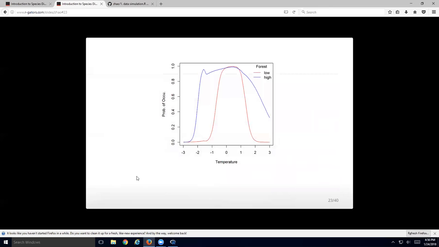Eventually we have these lines that tell us that there might be a quadratic form between the occupancy and temperature. And that quadratic form can be different when forest is low, like the red line, or forest is high, like the blue line.